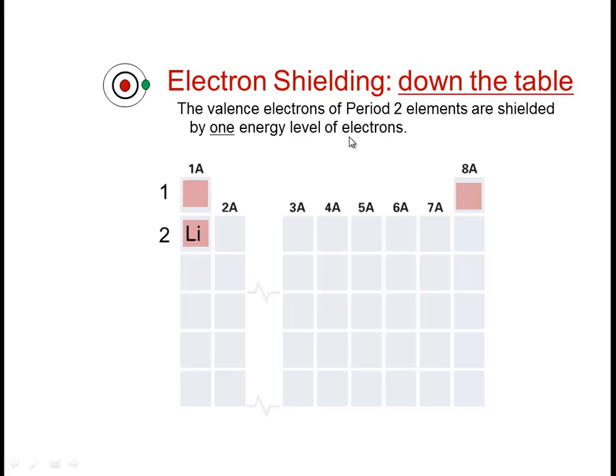Okay, and in fact, the valence electrons of all period 2 elements, as we'll see in a moment, are shielded by 1 energy level of electrons, right? Because you've got these 2 electrons in the 1s orbital. And so in a sense, any electron in the 2nd principal energy level is kind of protected from the nucleus by that 1s shell, okay?